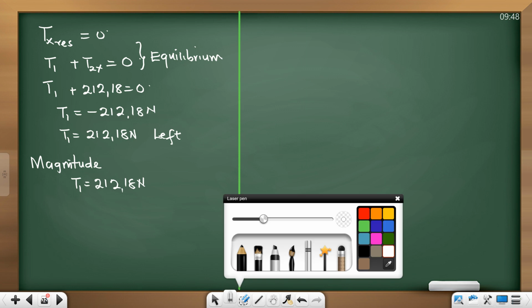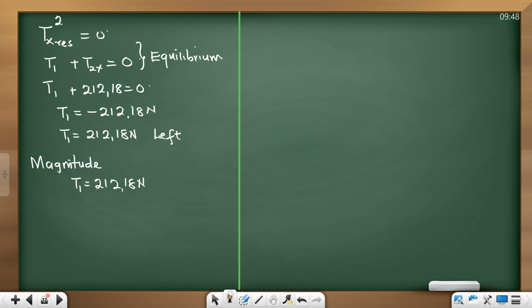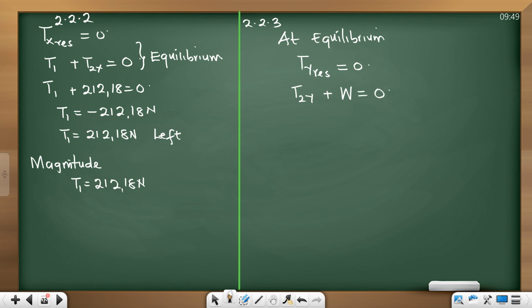So this is 2.2.2. In 2.2.3, we're saying the system is at equilibrium. Therefore, Ty resultant must be equal to 0. Just to make it look mathematical, T2y plus W must be equal to 0.